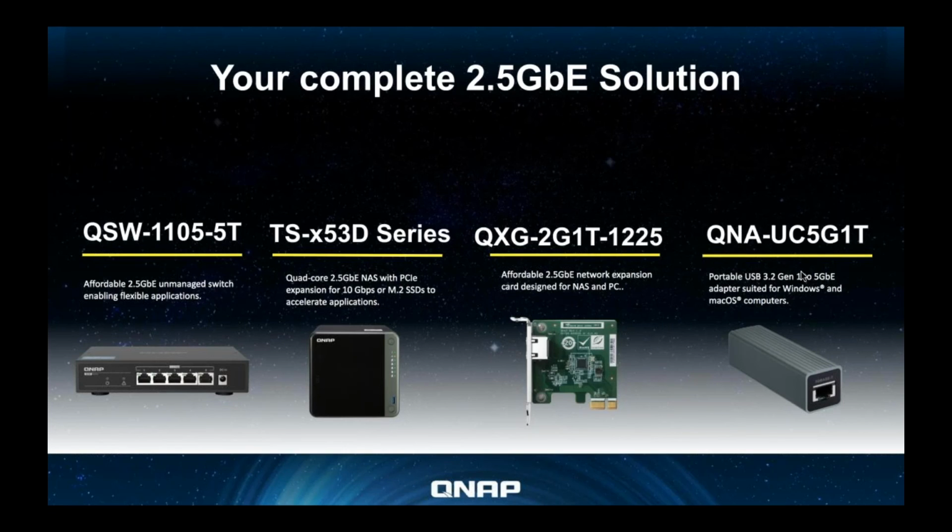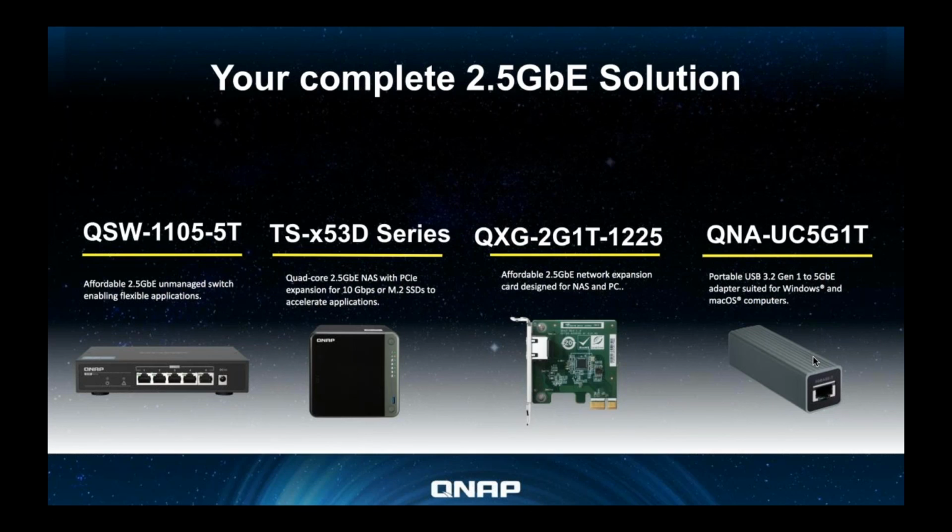And then finally on the far right, we have the QNAP UC5T1T, and this is our 5 gigabit to USB 3.2 Gen 1 adapter that I was talking about above. And this comes with a USB-A to USB-C cord, so you can do either one.